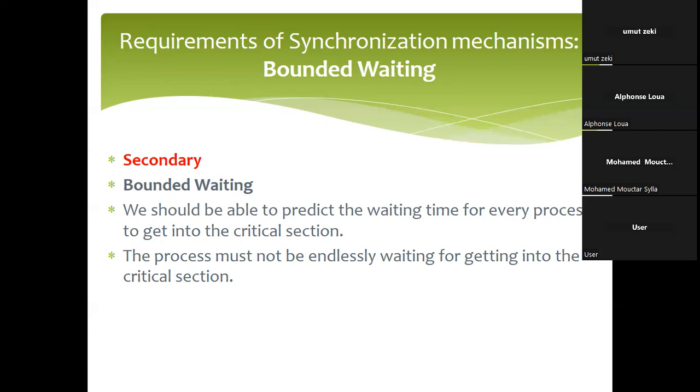So here it is similar. If a process is waiting so long to enter the critical section, we have to limit it in time. We may say, okay, if a process is waiting maybe 30 nanoseconds, after 30 nanoseconds it should stop waiting there.